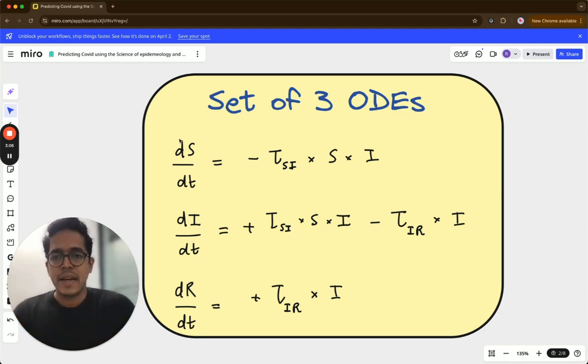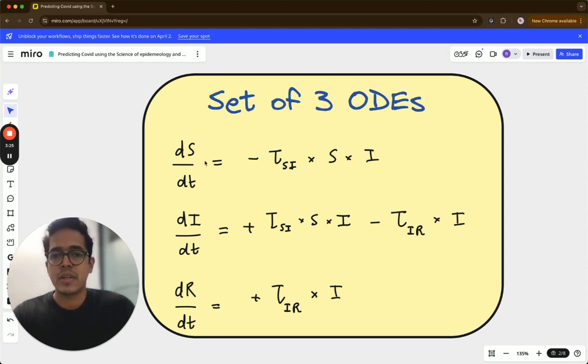So dS/dt, which is the rate of change of susceptible, is having a negative sign, first of all, to signify that the number of susceptible people are decreasing with time. So that's why dS/dt is negative. Now, there are three terms here. One is this tau, then there is S and I. S is the susceptible population, I is the infected population.